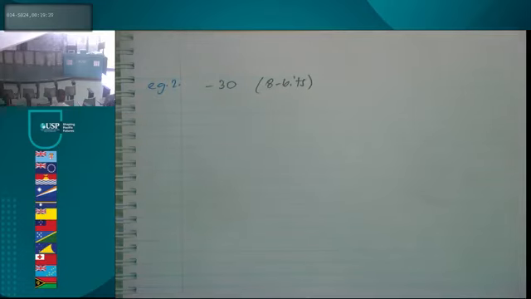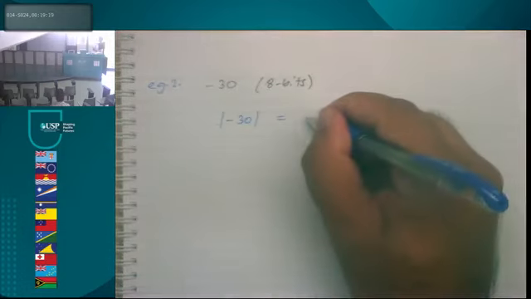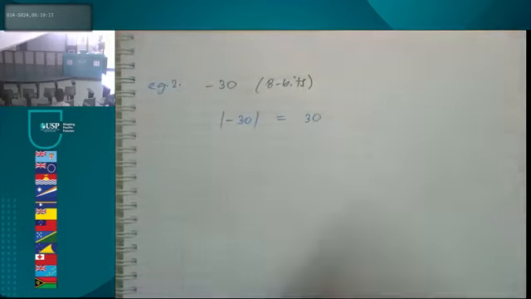Now, negative 30: you take that absolute value. Even this step is almost redundant. You guys are engineering students; you know you can work with negative 30.